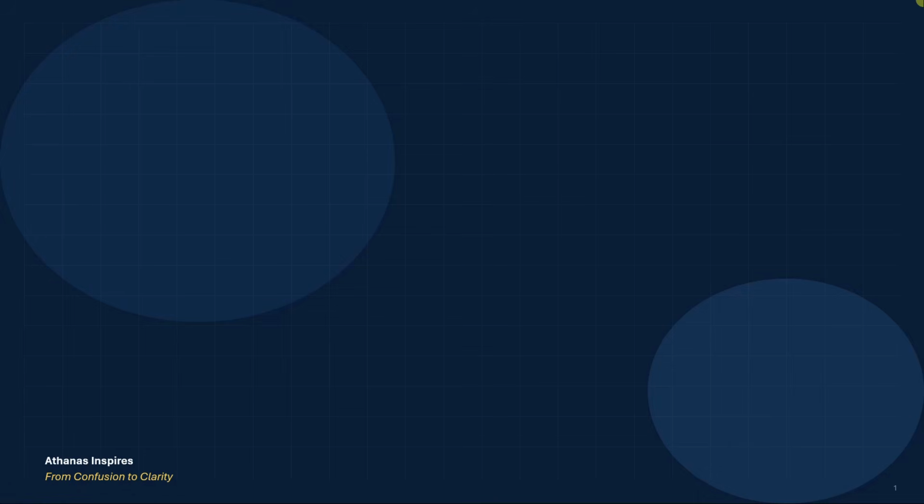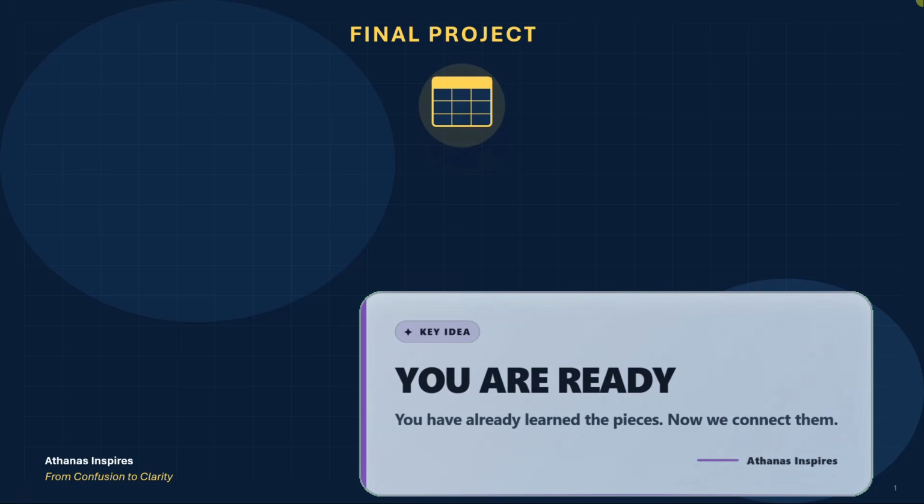Alright, good. You have now used nested if with grades, stock, and payment. So now, you are ready for the final project. This is the final project for this session. And don't worry, we will build it together one step at a time.